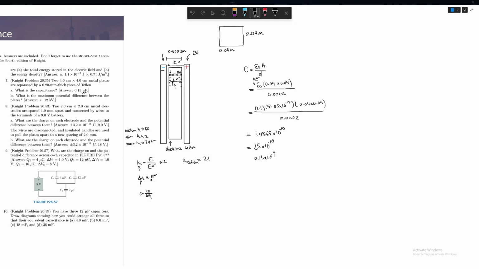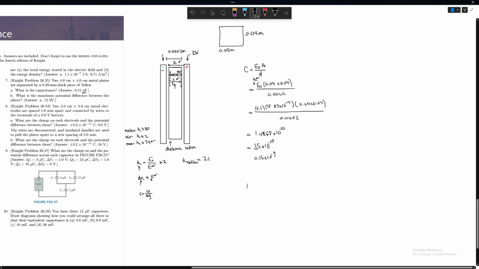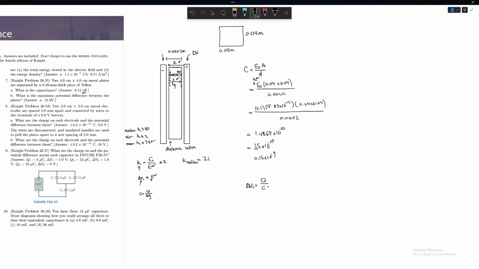I'll pull up my formula sheet, and where is my capacitance? Okay, so V_C equals Q over C. Now capacitance I do have, but Q unfortunately I don't have. So what can I do here? We don't have Q, so we're going to have to use a different equation.